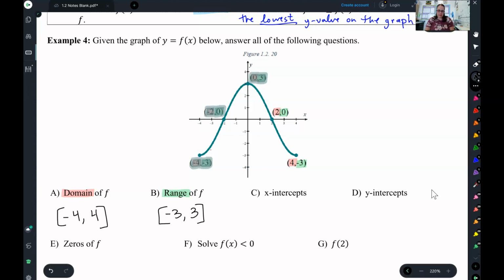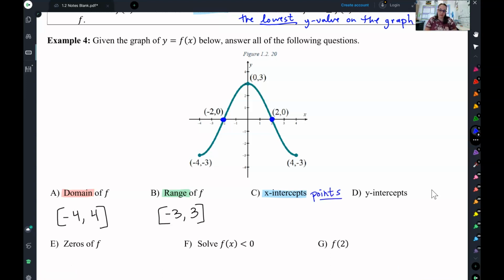Okay, next, let's look at my x-intercepts. That is where we are intercepting or crossing the x-axis. So x-intercepts, looks like I've got one there and one there. Now, anytime we talk about x-intercepts, we always list them as points.